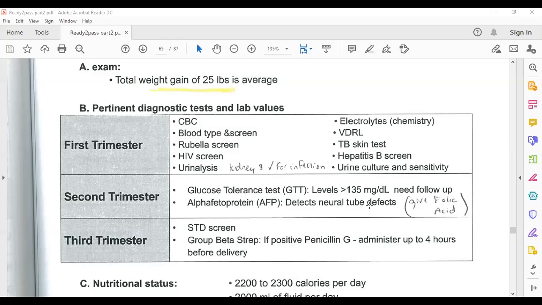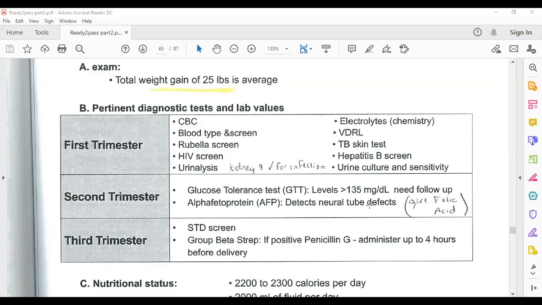If alpha fetoprotein is less than normal, it indicates Down syndrome, a baby born with Down syndrome. So basically, alpha fetoprotein is taken at 15 to 22 weeks to scan for Down syndrome or neural tube defect.